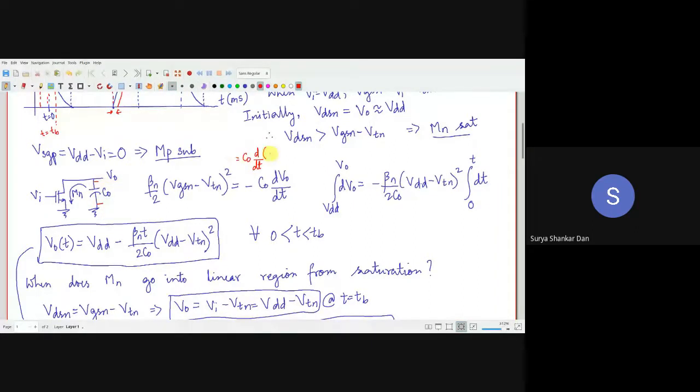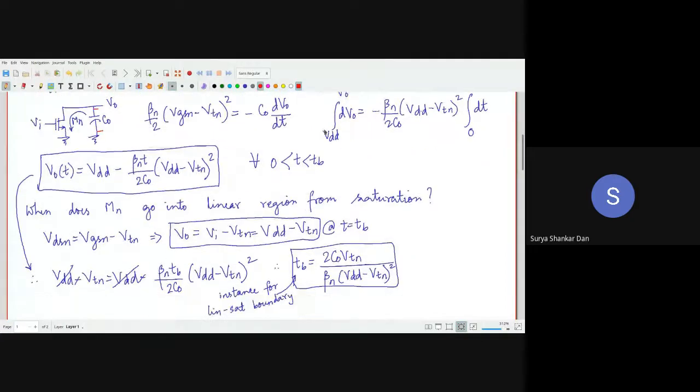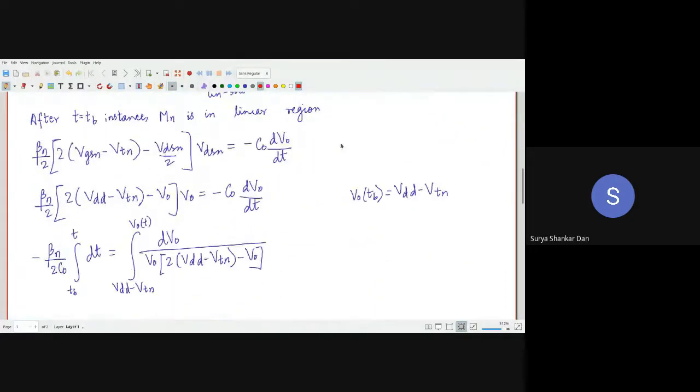That is how you get minus CO dVO/dt. So this is the discharging current of the output capacitance, and the discharging current will be equal to the linear expression for the current. Okay, that's all I have done.